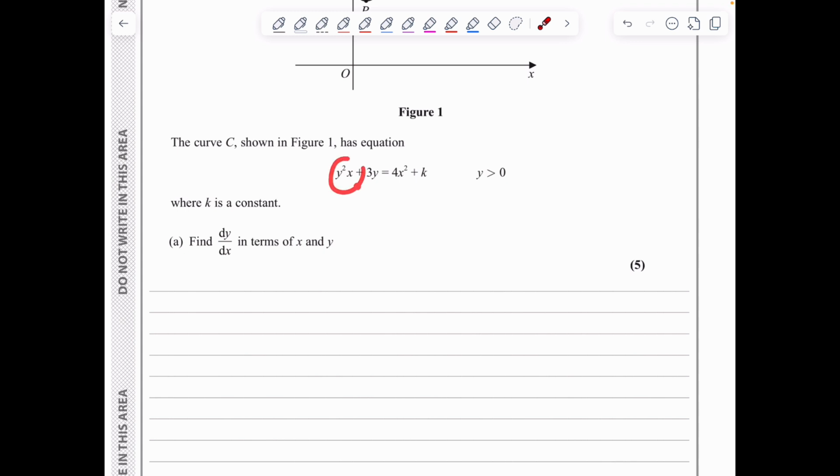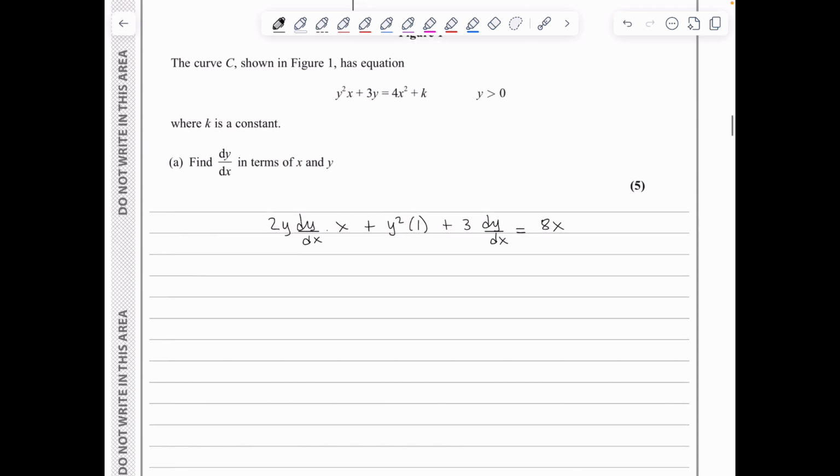So the derivative of y squared x, I will be applying the product rule of differentiation. The derivative of y squared is 2y dy/dx, and I keep the x. And then I keep the y squared and I differentiate x to give me 1, plus 3 times dy/dx is equal to 8x, and the k vanishes because it's a constant.